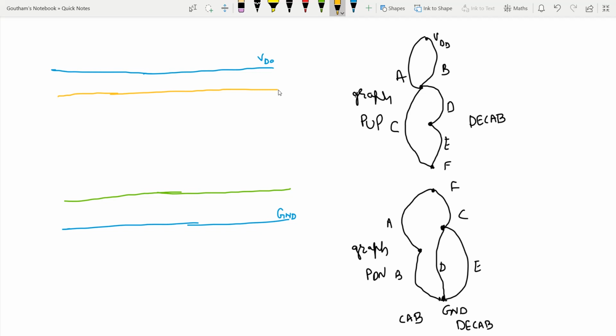Okay, now what is the Euler's path? I draw the poly. Now poly is red. Total I have to make 10 transistors. Okay, 5 in PMOS, 5 in NMOS. Okay, so I follow the Euler's path.